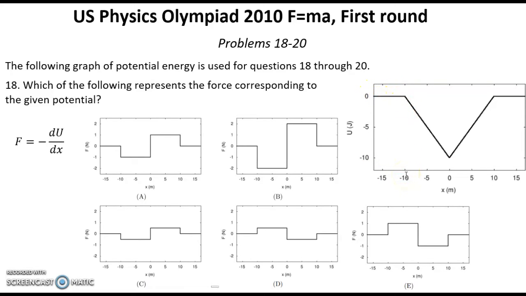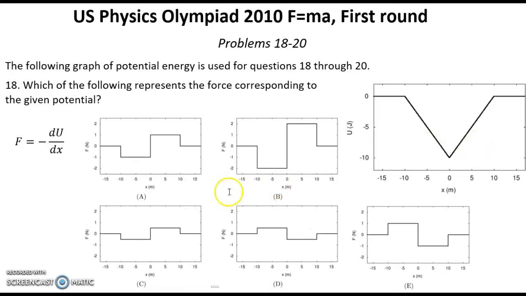From negative 10 to 0 that will be negative 10 over positive 10, which is positive 1. So that's 1 Newton. For the same reason, from 0 to 10 that will be negative 1 Newton. And from 10 to 15 that will be 0. So totally we have 0, 1, negative 1, 0.